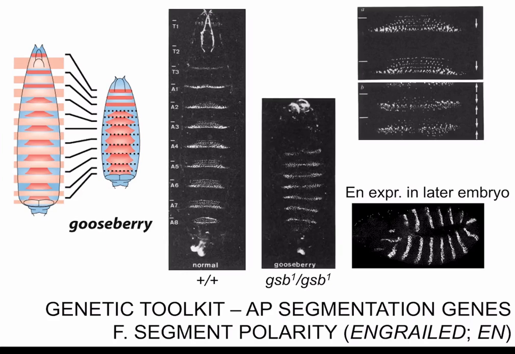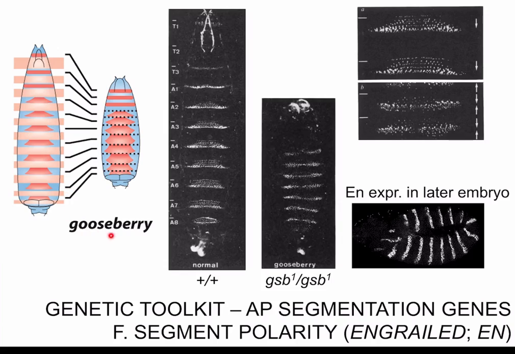And the last class of mutants did not change the number of segments. So the number of segments is the same in the mutant as well as the wild type larvae. What was missing was parts of segments.